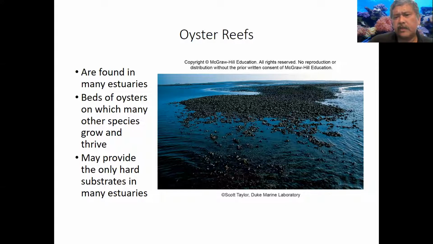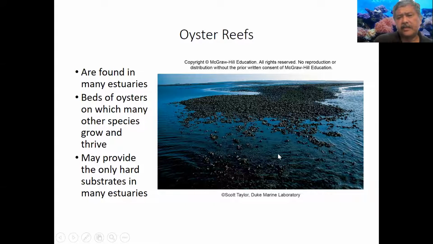And so when the oyster passes on, its shell still exists, and then other organisms can build on top of those oyster shells. In some cases, these may be the only hard substrates.